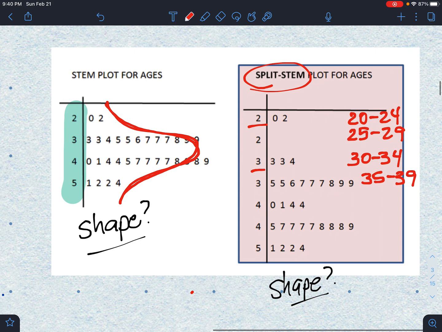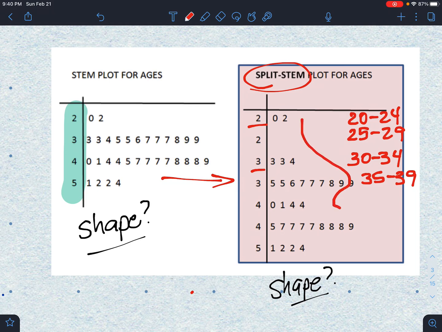And when we do this with that same data that I have over here, if I just plot it out in this split, I can now see that I have a double hump of data. So I've got a bunch in the 35 to 39 and the 45 to 49. Okay, and we can see that we have a mode here.